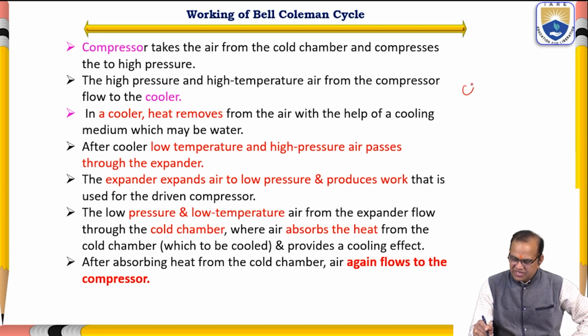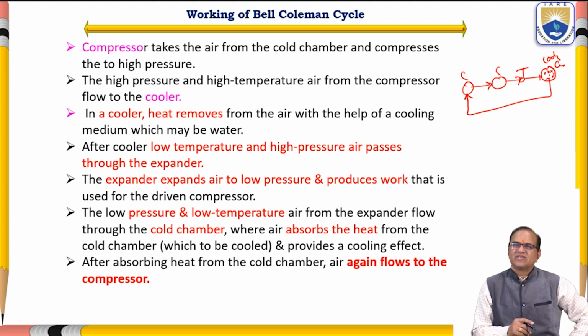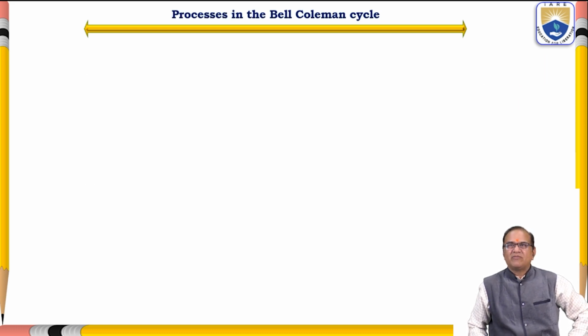So, compressor, cooler, turbine, then chamber, and again it enters here. It is a cooling chamber or your refrigerator where your fruits are. So this is the process for a refrigerator, and this is working on the Bell Coleman cycle.